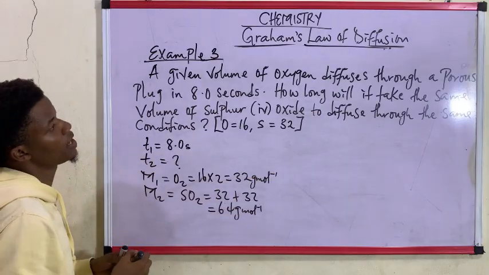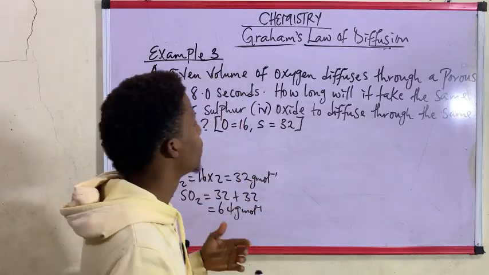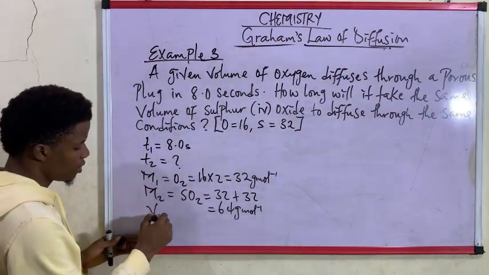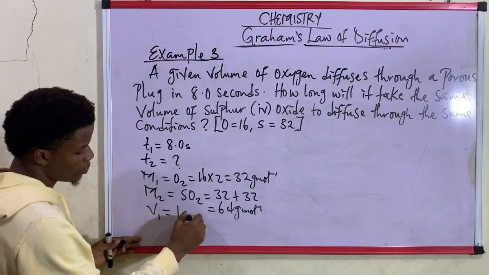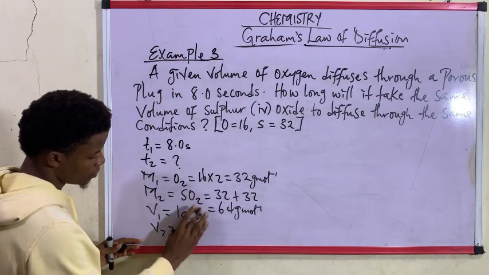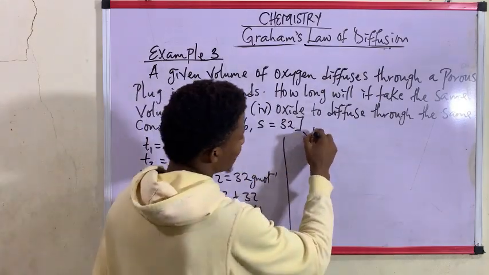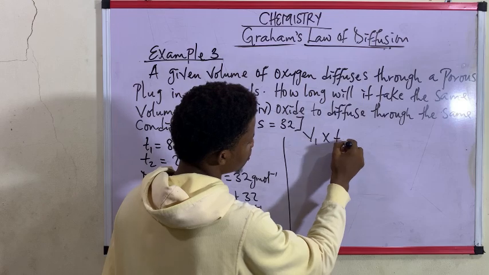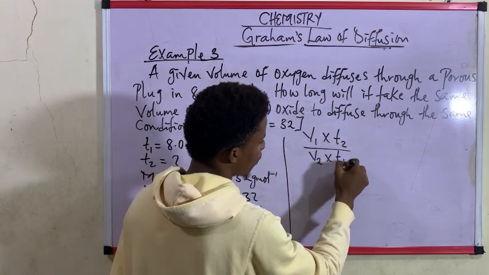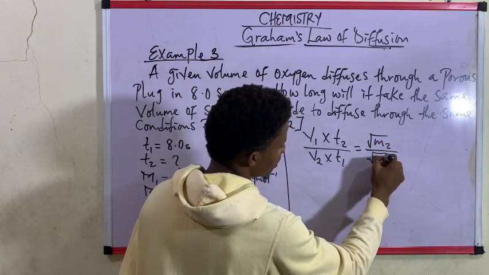Alright. Then a given volume. We'll just assume that it is 1 cm cube for both of them. So V1 is 1 cm cube, V2 is also 1 cm cube. So using the shortcut, we have V1 times T2 all over V2 times T1 equal to root M2 over root M1.